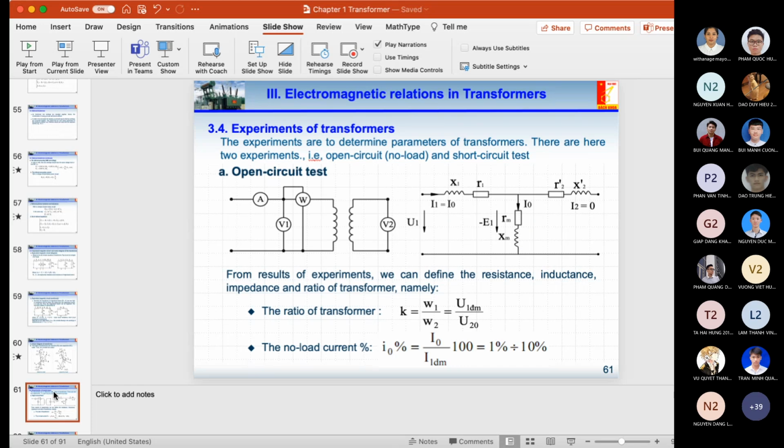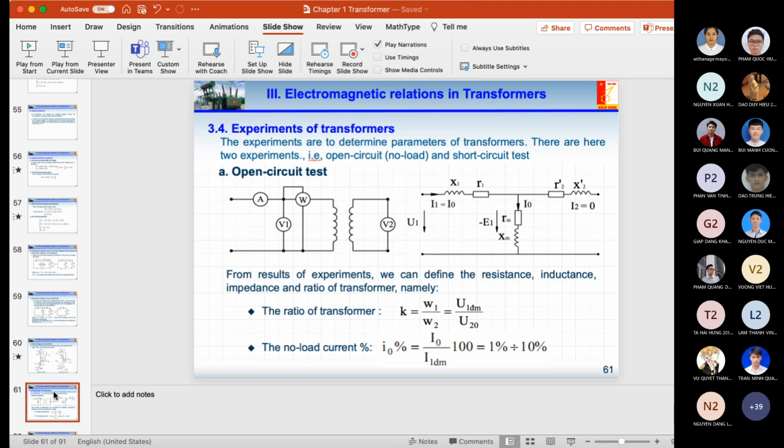Okay, now it is high time for us to discuss a little bit about the experiment of the transformers. This part is the responsibility of the ladies who will show you how to do experiments in the laboratory. I am not sure whether this semester you will do the experiment with the very new equipment or still the old equipment, because we have a side project that supported us to buy a lot of new equipment for the electrical machines, the transformer, the motor and so on.